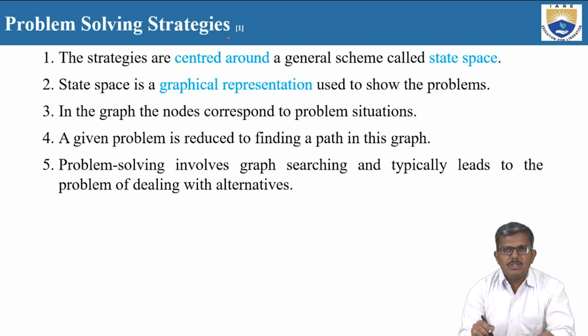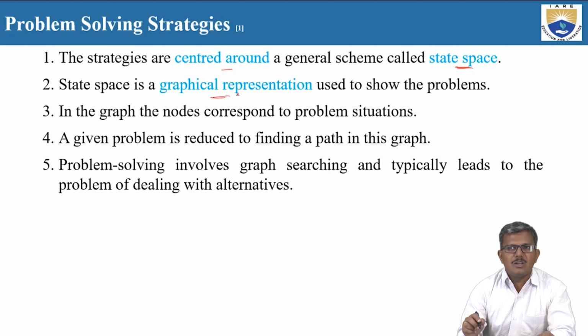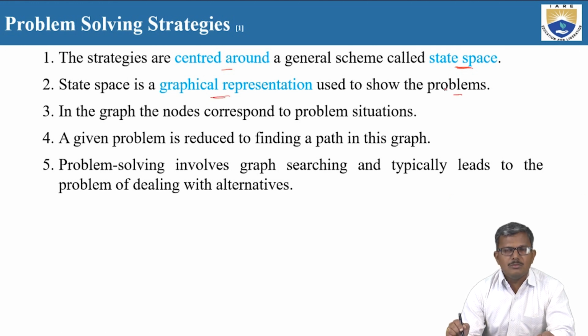Coming to the problem solving strategies. The strategies are completely centered around a general scheme called the state space. That's why we call it a state space representation. What do you mean by a state space? It is a graphical representation showing a problem.